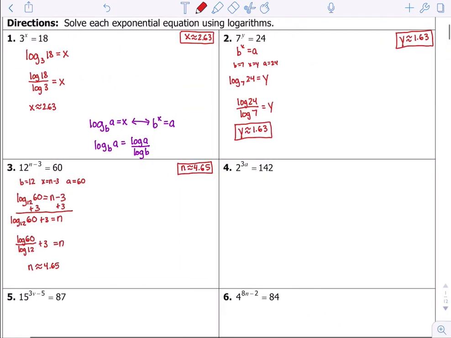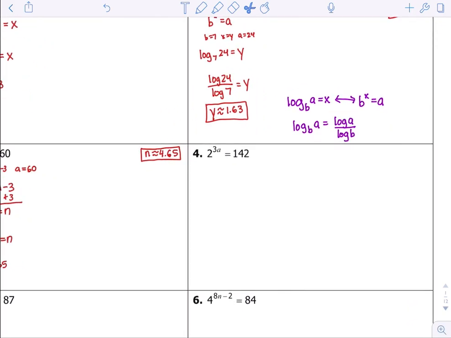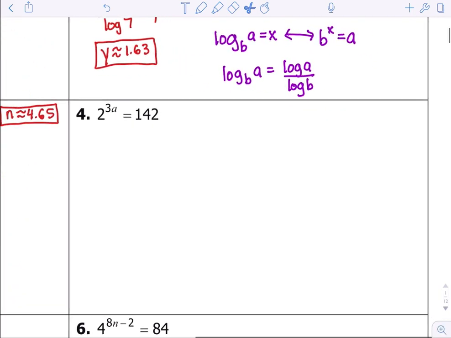Number 4. I'm going to drag this along. Comparing it to this formula still, our b value is 2, our x value is 3a, and our a value is 142.